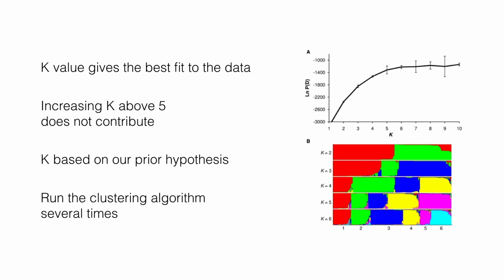We can also run the clustering algorithm several times and present different values of K clusters for 1, 2, 3, 4, 5, and 6 K, as represented at the bottom graph.